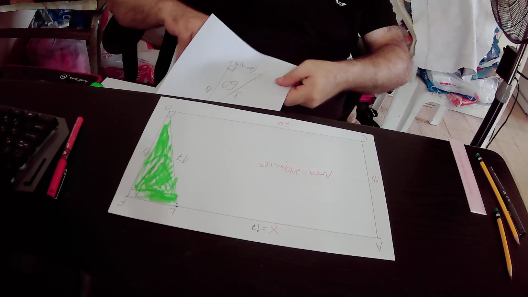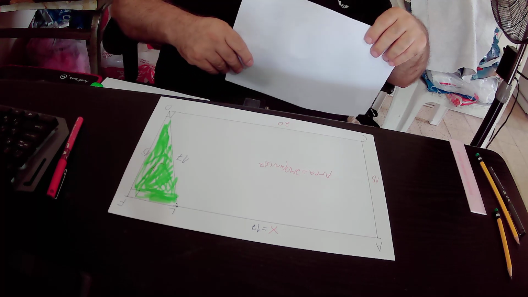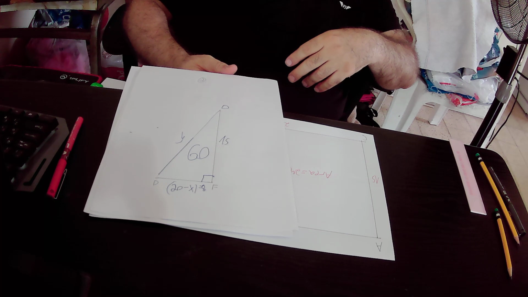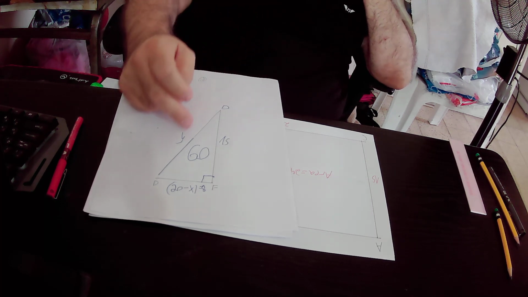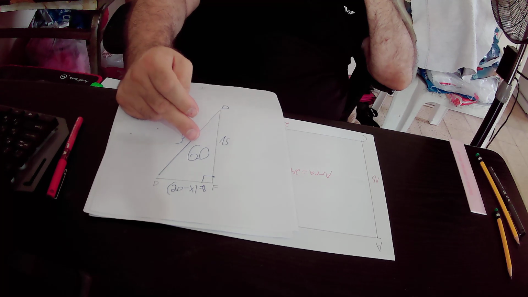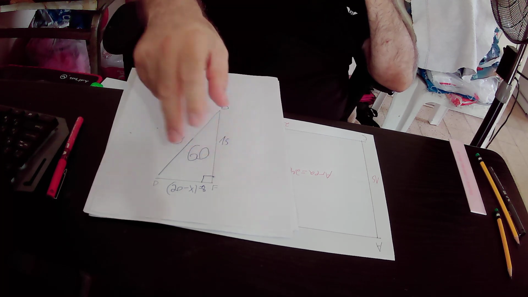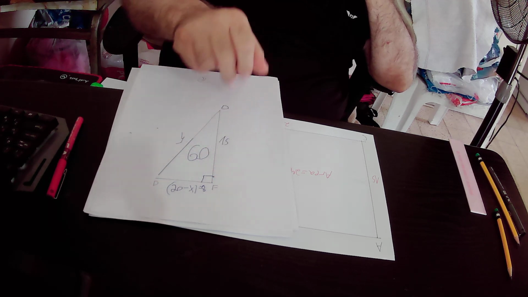So I draw the right triangle LFD again, and we know that the area of this right triangle LFD equals 60 square units, this side equals 15 units, and this side equals 20 minus x.